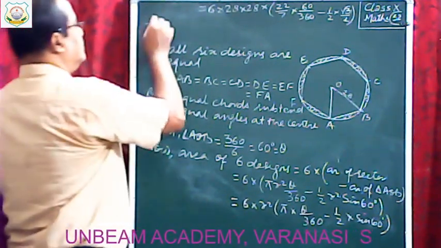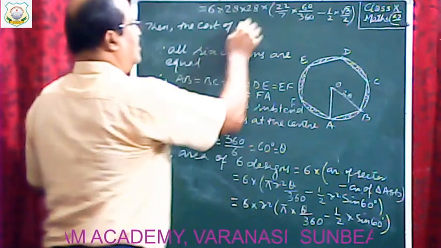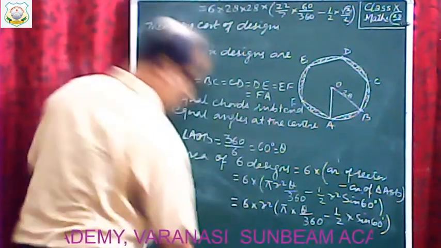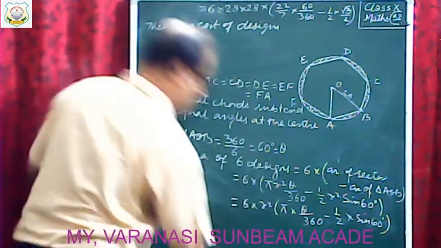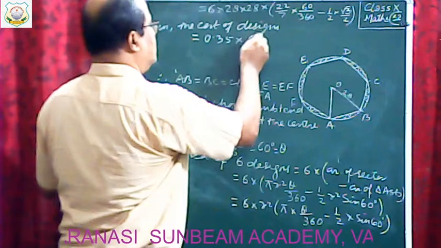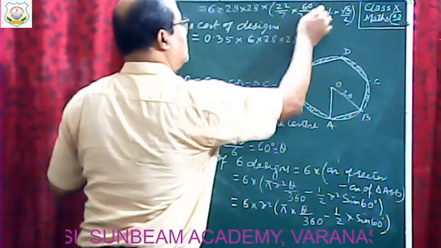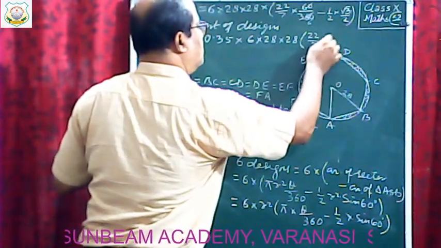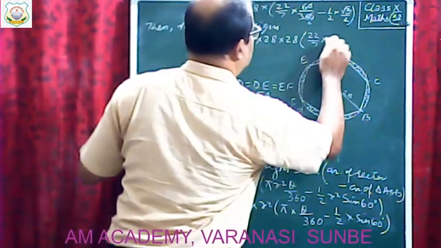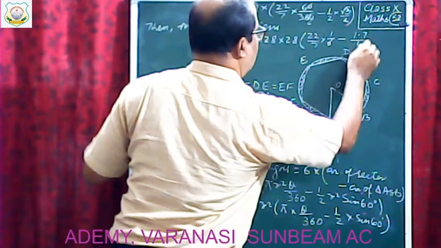So then the cost of designs equals 0.35 into 6 into 28 into 28 within bracket 22 by 7 into 1 by 6 minus 1.7 upon 4.